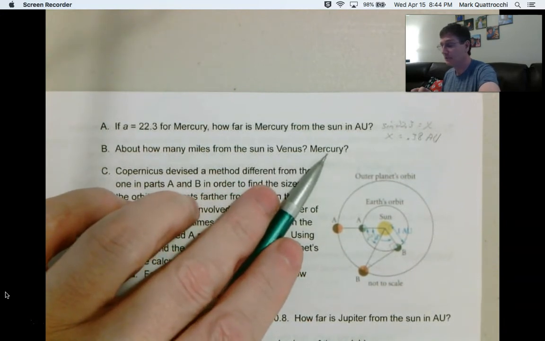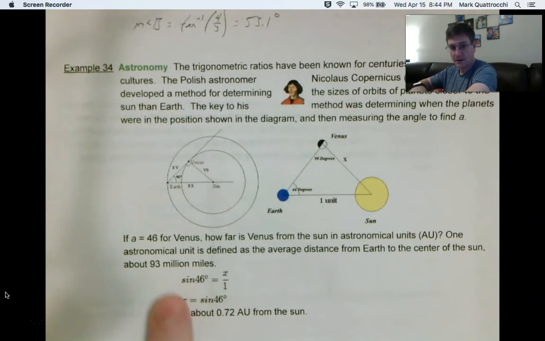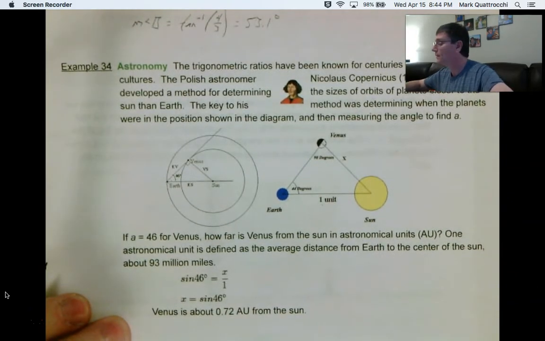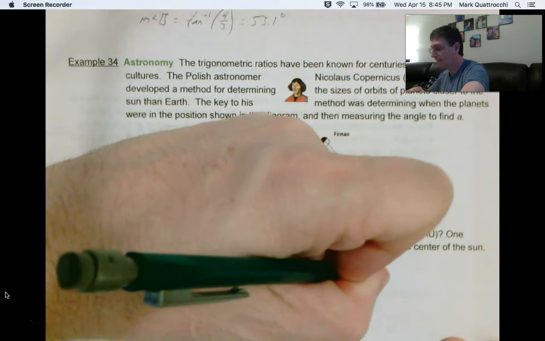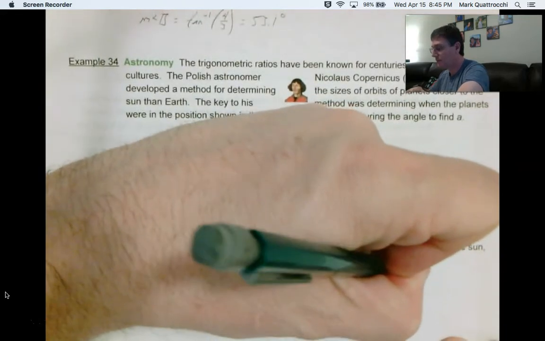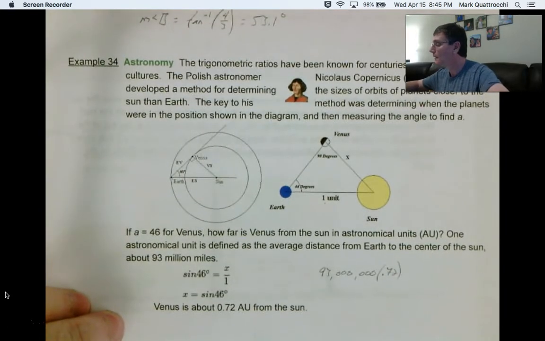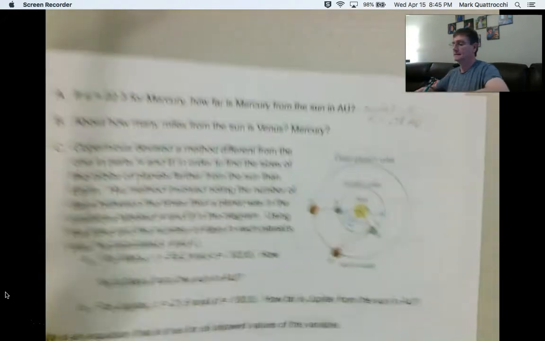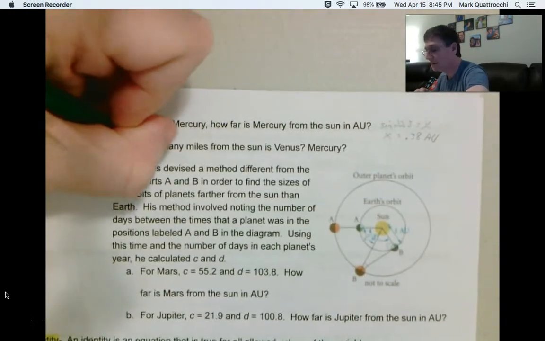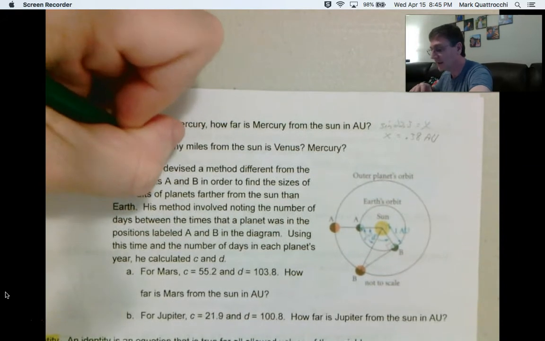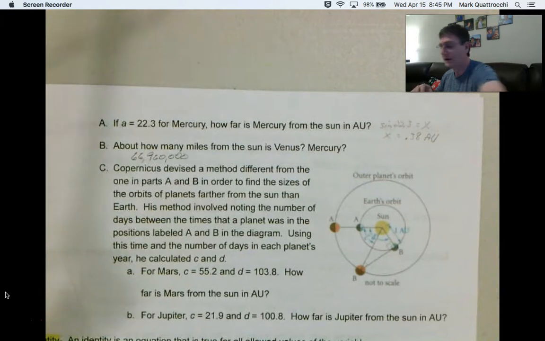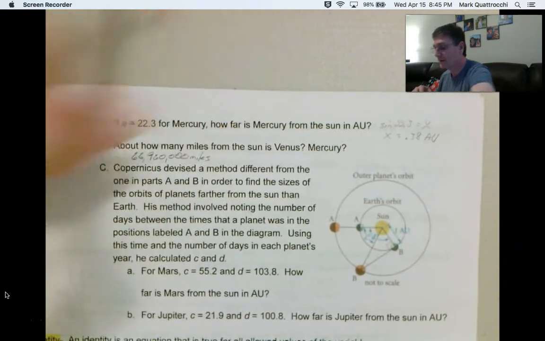How many miles from the sun is Venus? How many miles from the sun is Mercury? So if 1 AU is 93 million miles, then 0.72 AU, so 93 million times 0.72 is about 66,960,000 miles, than Venus is to the sun.